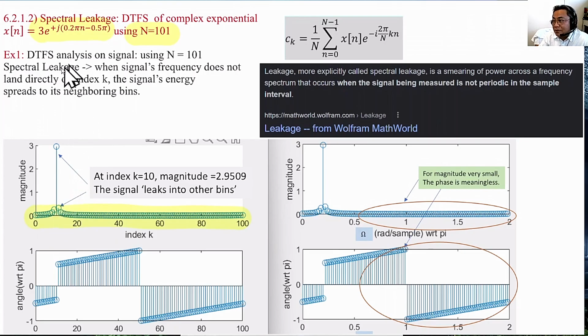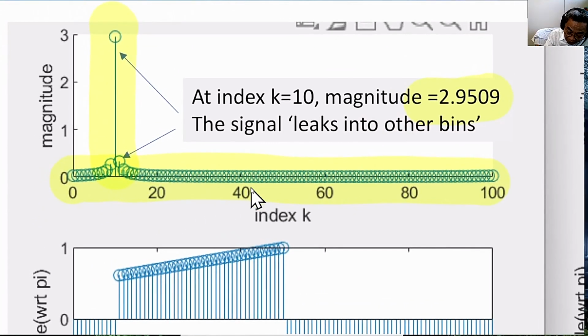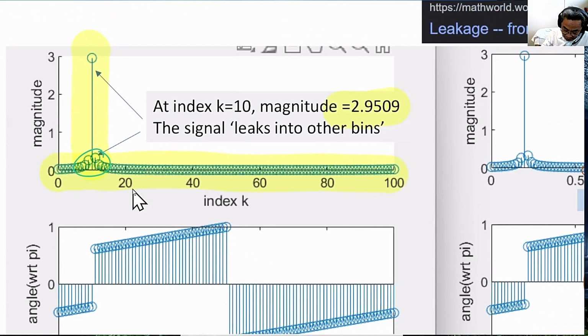What this causes is something called spectral leakage, and this is the real DTFS calculated using this equation. You'll realize that our amplitude is now no longer 3. In fact, it went down a little bit, to 2.95. And where did the rest of the energy go? It actually leaks to the neighboring bins.